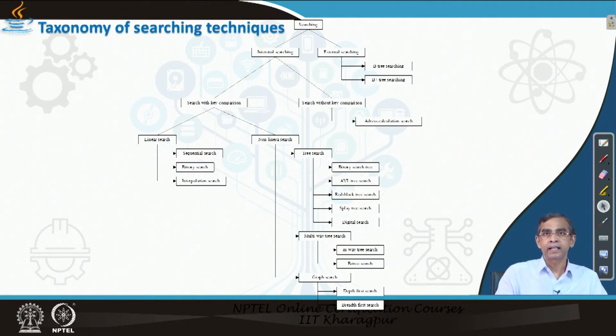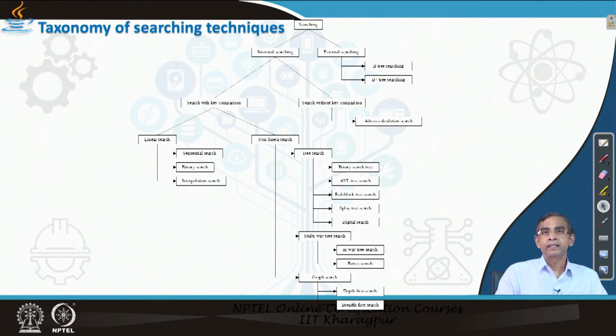In this class, there are several searching techniques known. Again, all searching techniques belonging to this category can be broadly divided into two classes. One is called linear search, another is called non-linear search.